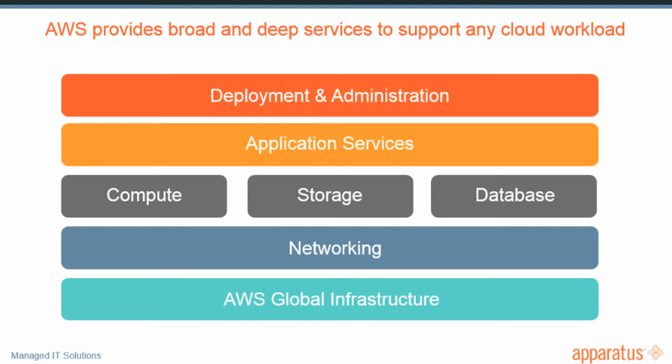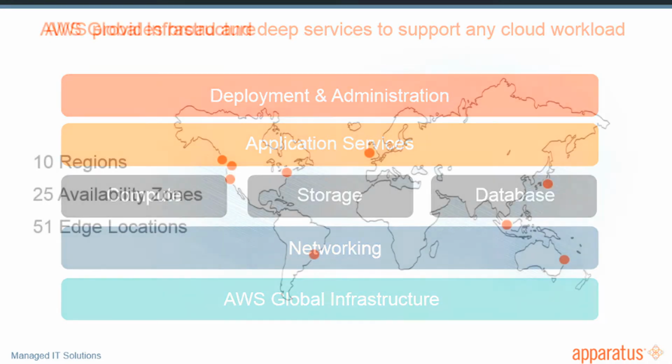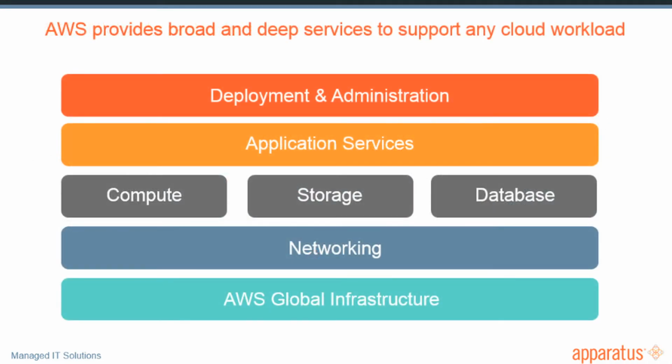Next, on the networking layer, this is how you both connect to your resources in AWS and how your resources that are in AWS communicate with each other and with the internet or your on-premise resources. We're going to cover this a little bit more in detail later in the presentation as well, but just know that there's a few things here.